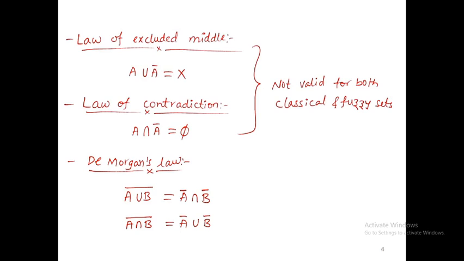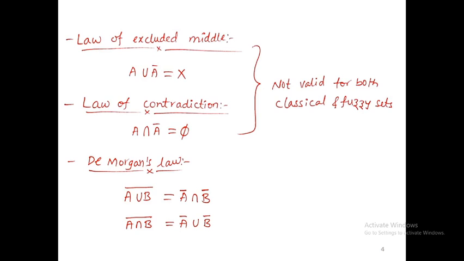Law of contradiction. Here under this law of contradiction, A intersection A complement. A is set A, that is intersecting with A complement. A complement means other than A. A and other than A. What is the common in that? Nothing. So that's what it indicates. A intersection A complement is equal to the null set.